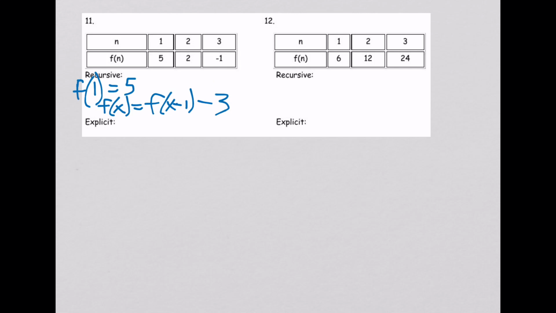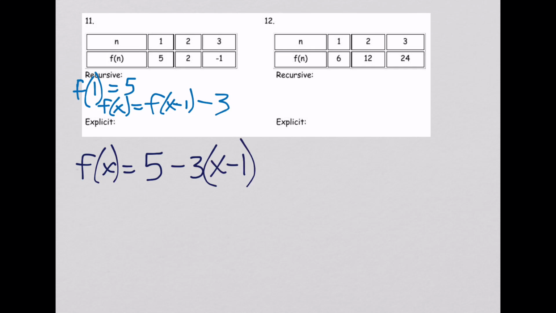Now, an explicit formula, this must be an arithmetic sequence, because I'm adding negative 3 every time. So that's going to be f(x) equals, where did I start? At 5. And what's my pattern? Subtract 3, and 5 is my first term, so I'm going to have x − 1 there. If you wanted to simplify this, distribute your negative 3, hey, what's 5 plus 3?